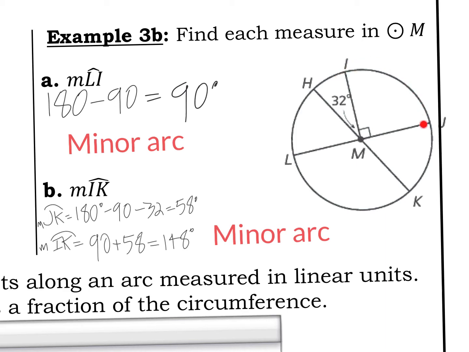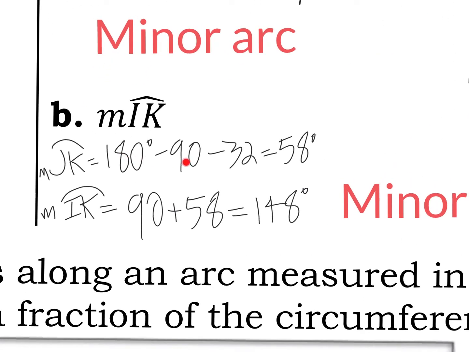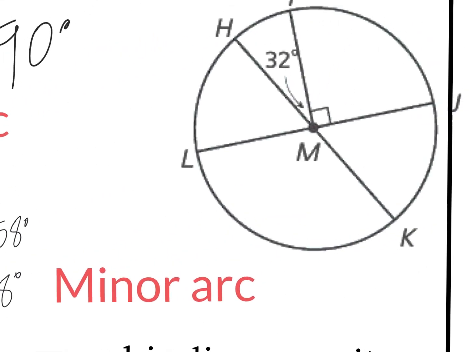For measure of arc IK, that is encompassing this 90 degrees and whatever this is. It is a vertical angle with this, but you don't necessarily know that for sure. So what I did was I figured out arc JK, and I did 180 minus 90 minus 32.